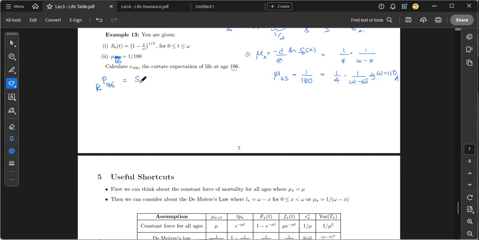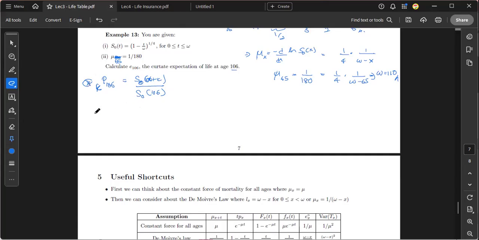Surviving from 0 to x plus k, so in here it's 106 plus k, divided by surviving from 0 to 106. So that is the p.